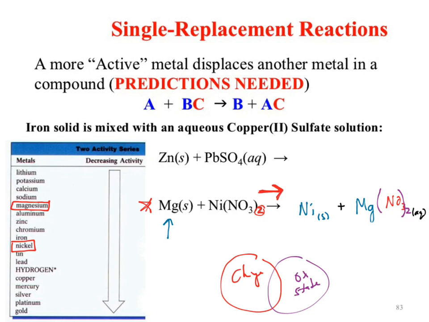We can be positive, negative, or zero. Charge is always given to you. Oxidation state must always be calculated. Why do we typically only focus on the charge? Because it was already given to us. We don't have to think. We don't have to do a calculation. That's where the confusion comes in.